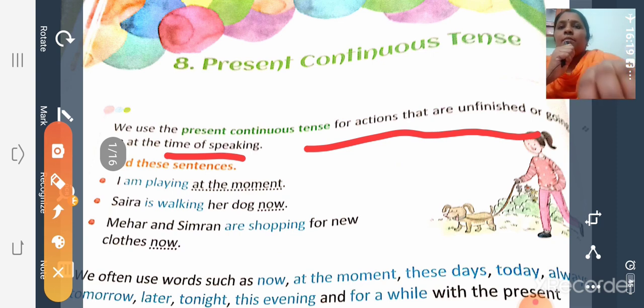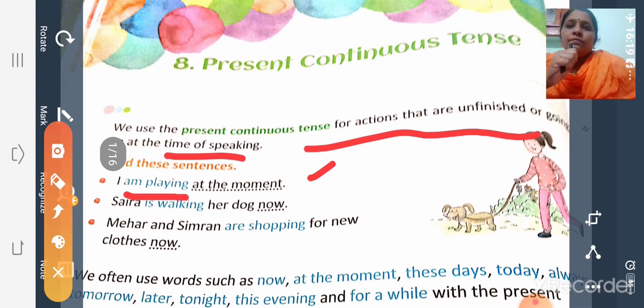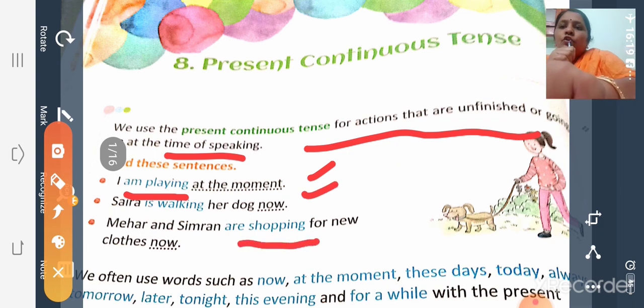Okay, for example, some examples are given in your textbook. Look here: I am playing at the moment. Saira is walking her dog now. Meher and Simran are shopping for new clothes now. So in all these sentences, the action takes place at the time of speaking, and it is continuous also.